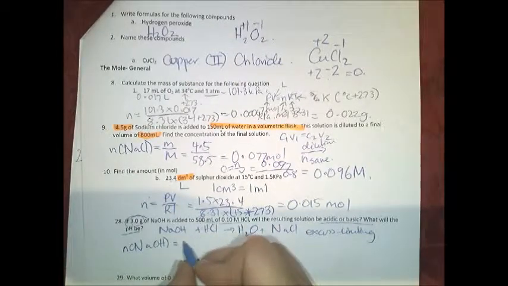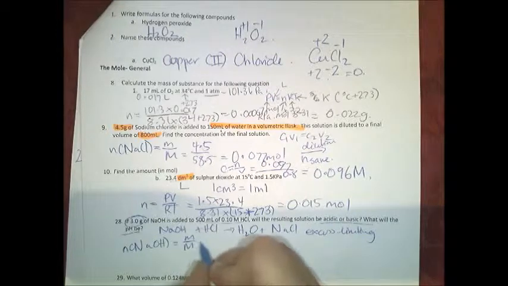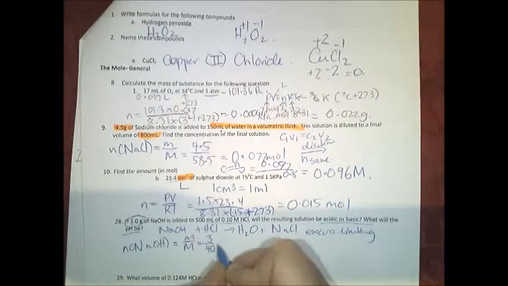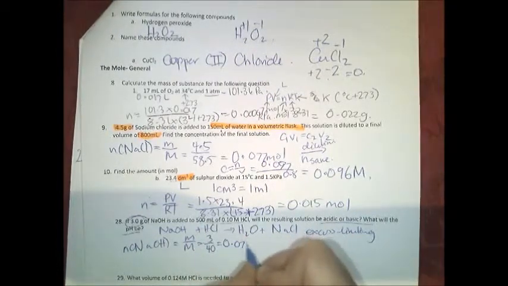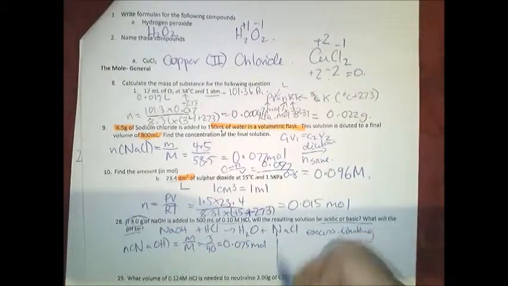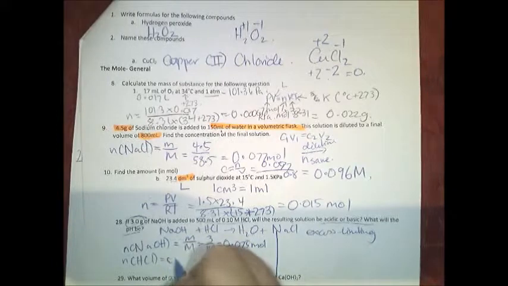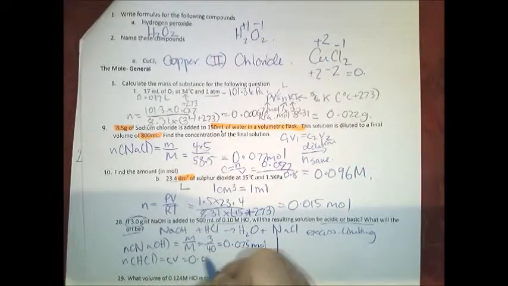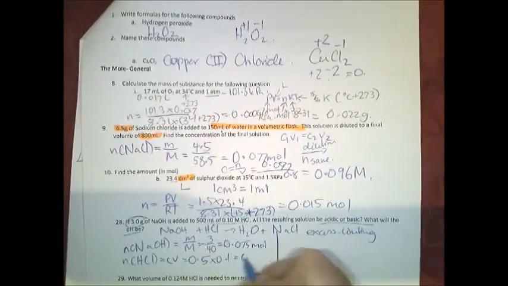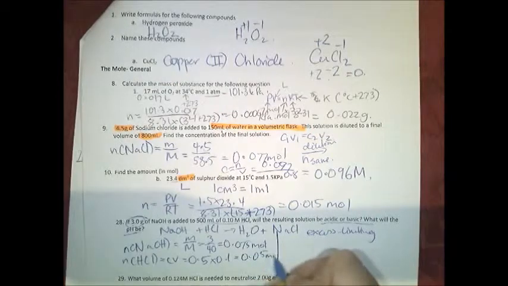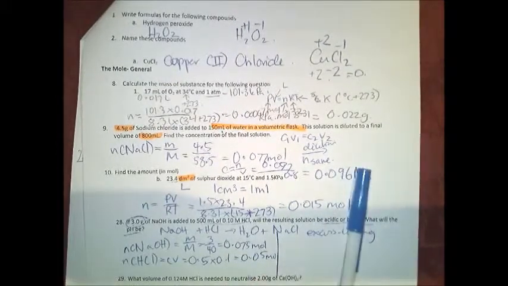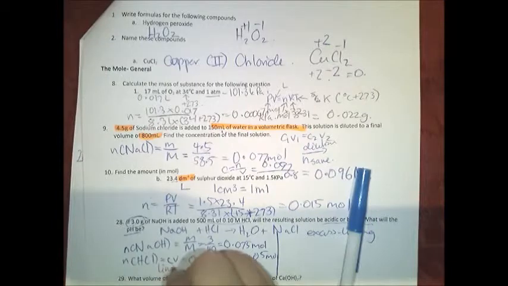So the moles of NaOH equals mass over molar mass, 3 over 40, 0.075 mole. The moles of HCl equals CV, 0.5 times 0.1, 0.05 mole. So therefore, HCl is limiting.